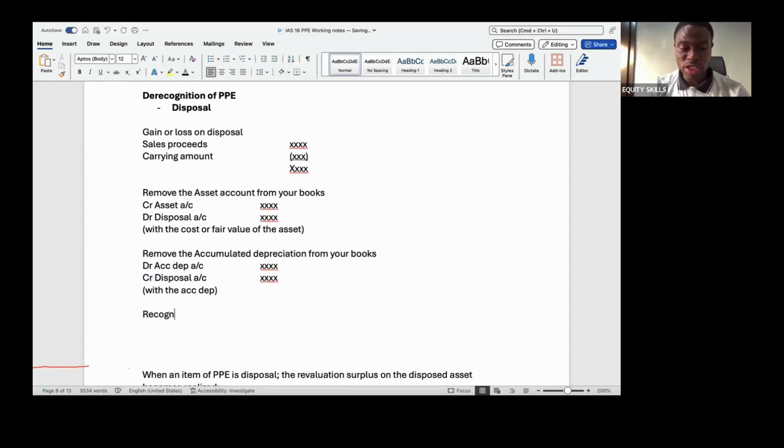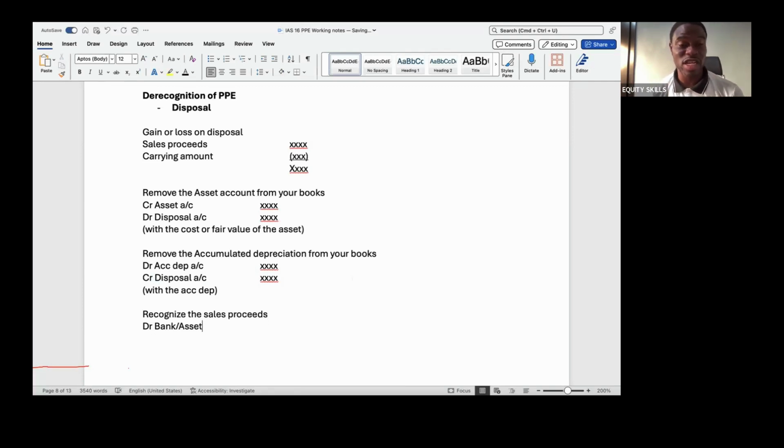So we need to recognize the sales proceeds. Of course, we'll collect money, or maybe we'll collect another asset. They can be exchange of assets. It's not all asset disposal that you actually collect money. You can collect another asset. Yes, you can collect another asset.